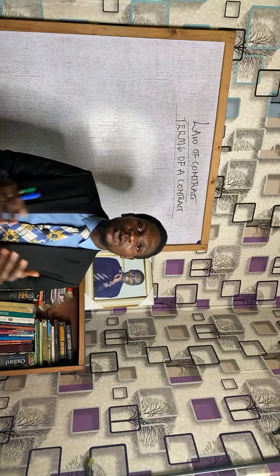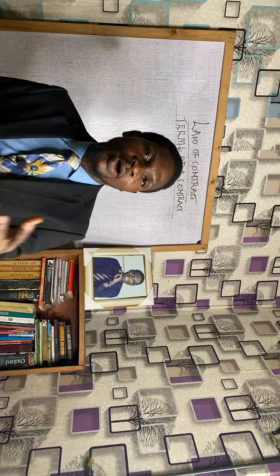In my last class, I talked about terms of the contract, and I introduced you to what terms of a contract are. If I can remember, we talked about mere representation. That was the first class. We talked about the difference between a term of a contract and mere representation. In our second class, we talked about conditions and warranties.